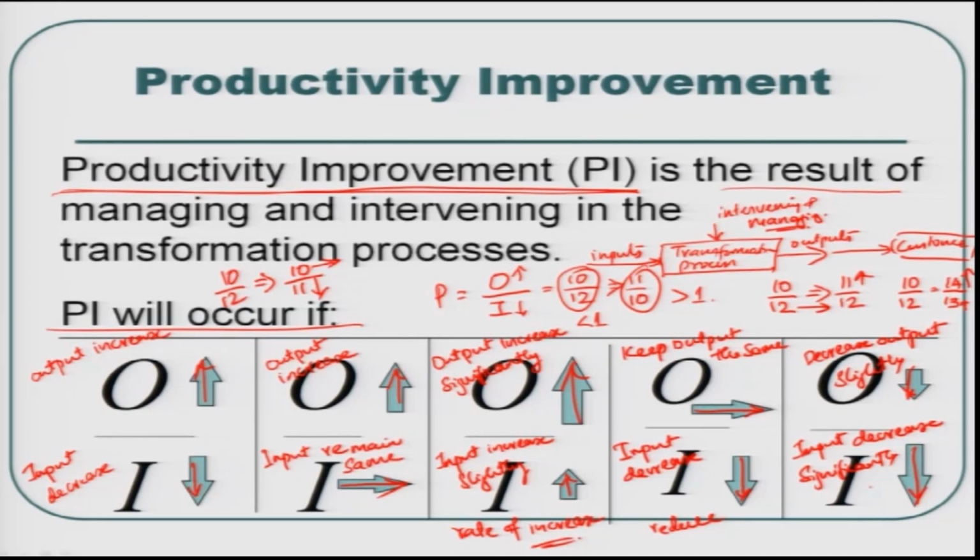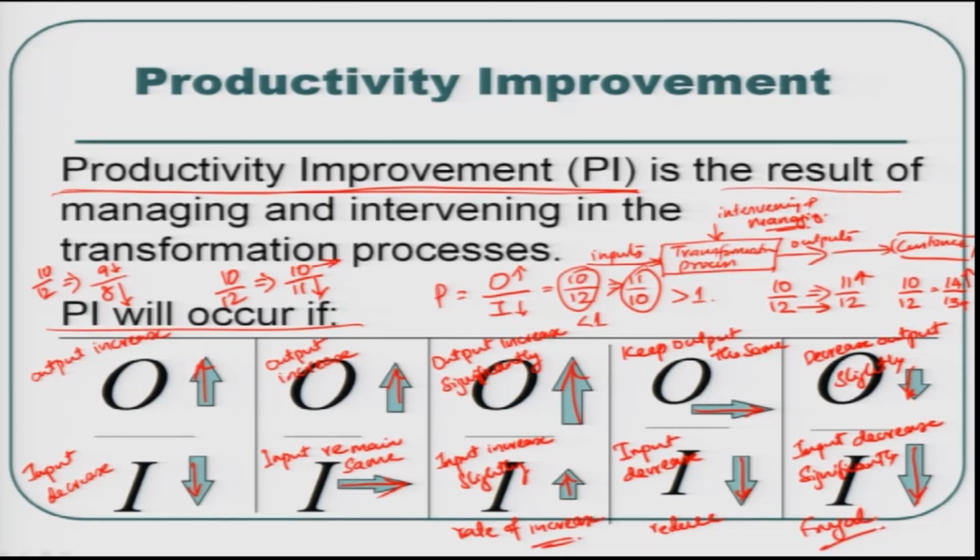So, an example would be, 10 over 12 is the productivity. You transform the 10 to 9 and this 12 maybe gets reduced to 8 or something like that. So, yes, the output is reduced, but the input is reduced at a much faster rate. So, this is like the frugal strategy, people sometimes call it the frugal strategy.